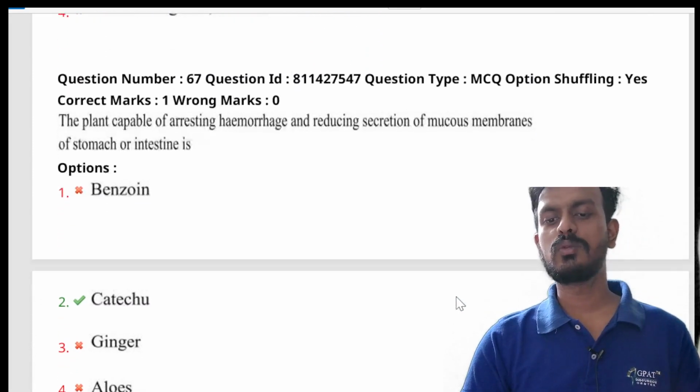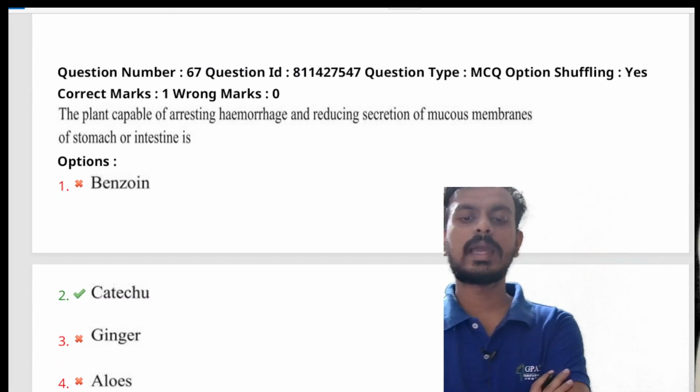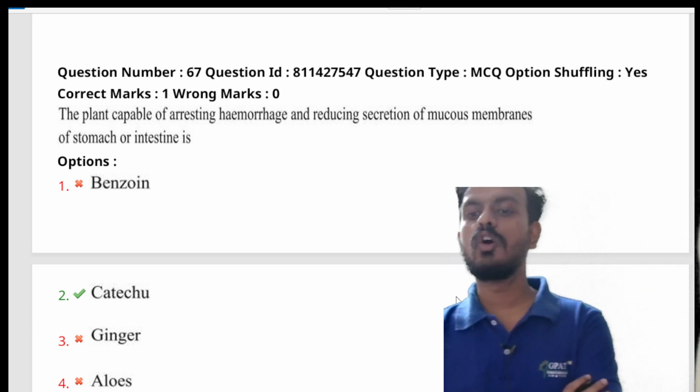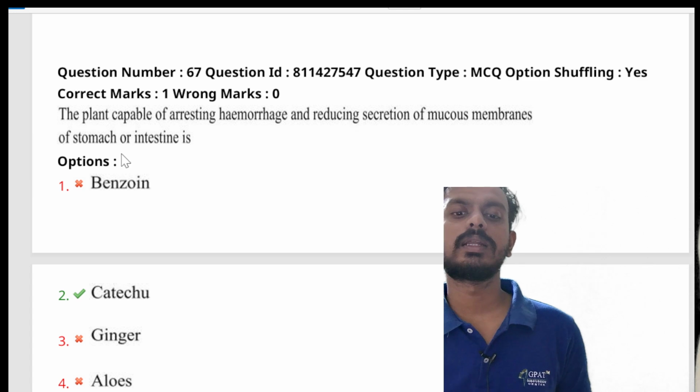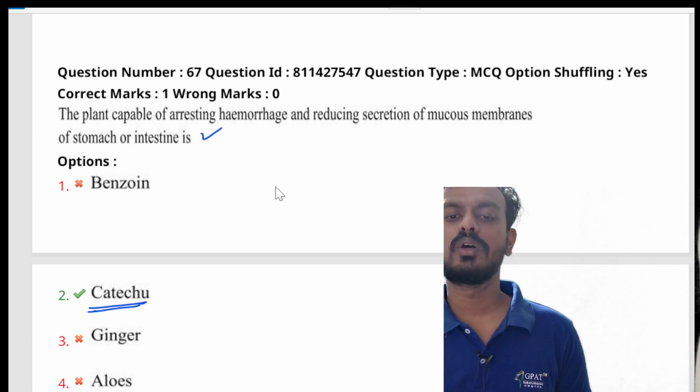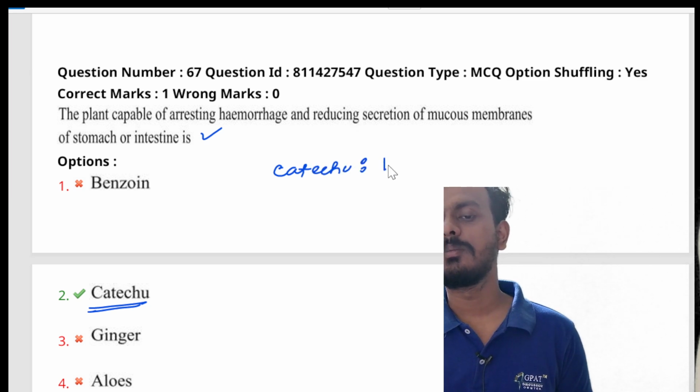Moving to the next question: the plant that is capable of arresting hemorrhage and reducing the secretion of the mucous membrane in the stomach or intestine. This is catechu. The correct answer will be catechu, because it is basically employed in case of peptic ulcer.